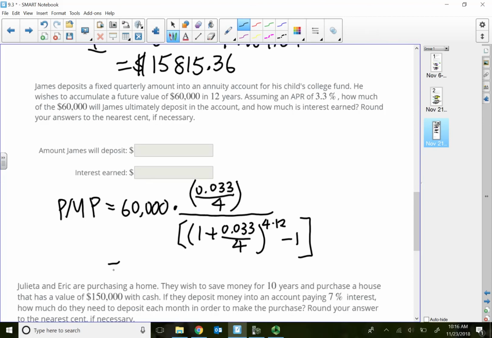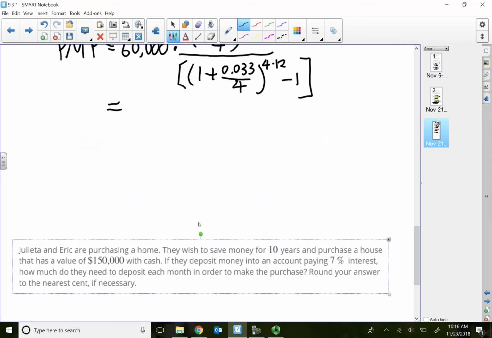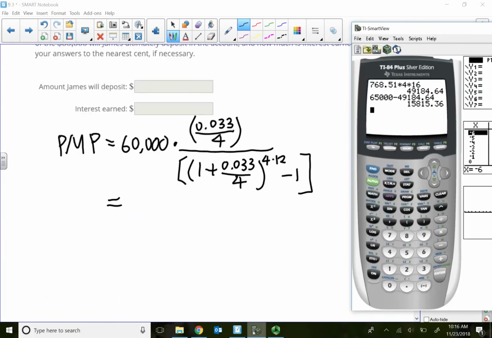Alrighty. So let's see what our payment is. I will write it down here. This is the last problem. I'll move it down a little bit. All right, let's type in what's inside this big old fraction first.